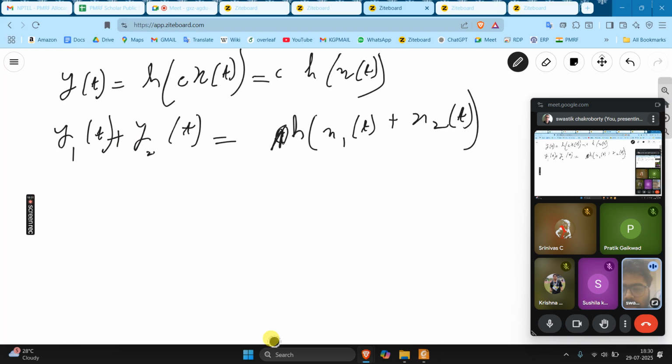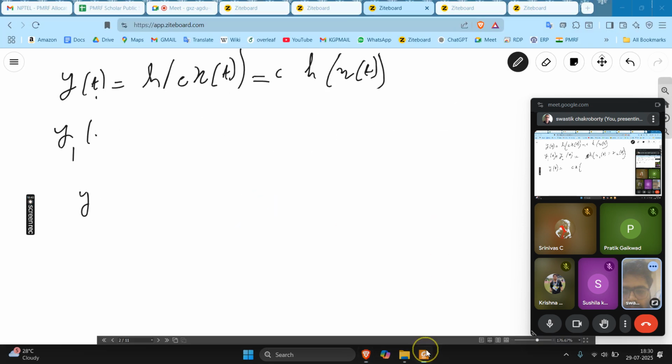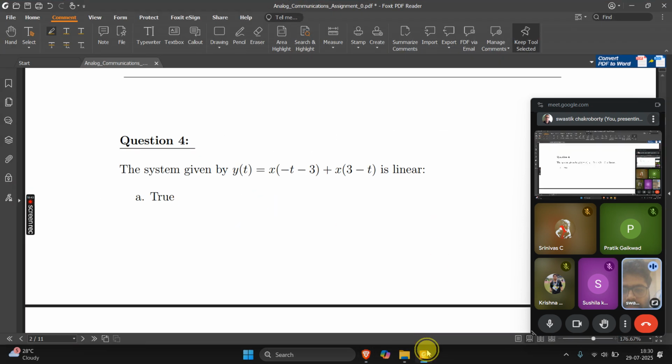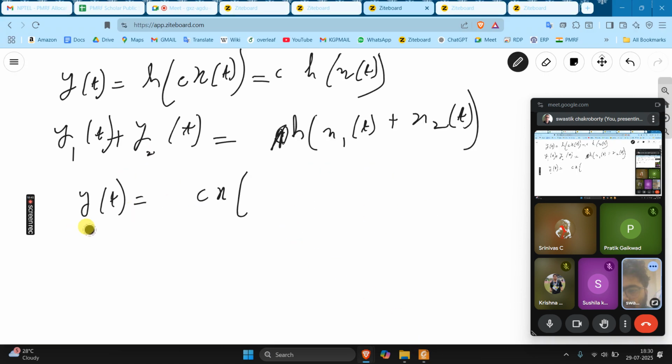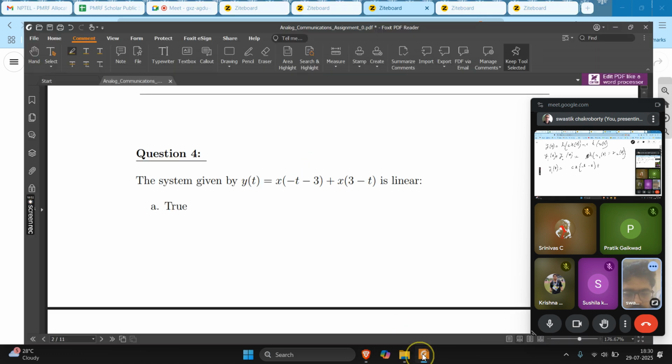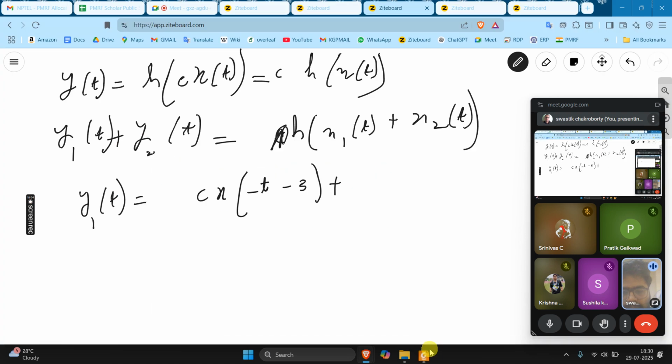Here homogeneity will be followed as y1 of t is equal to c of x of minus t minus 3 plus c of x of 3 minus t.